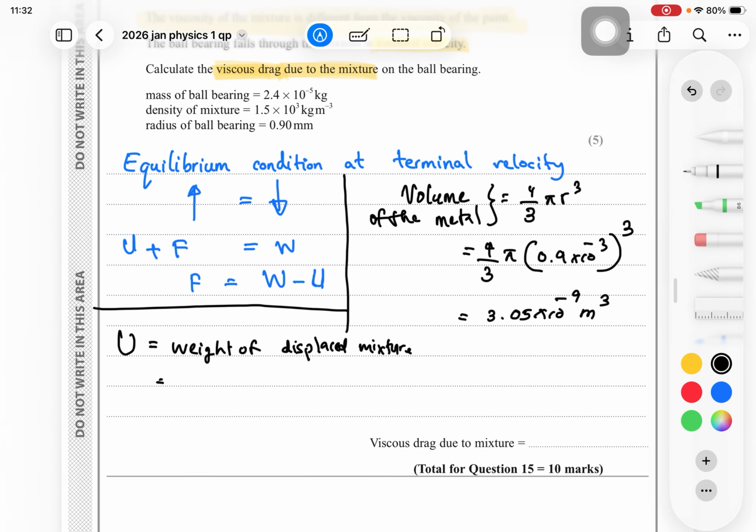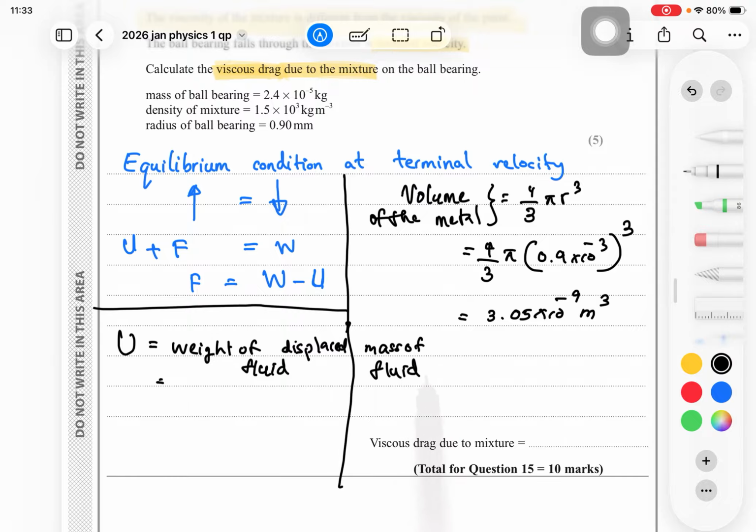So once you know the volume, that's going to give the mass of the water displaced, or whatever, we can say fluid or the liquid. I personally like the word fluid, so let's use the word fluid. So here the mass of fluid is given.